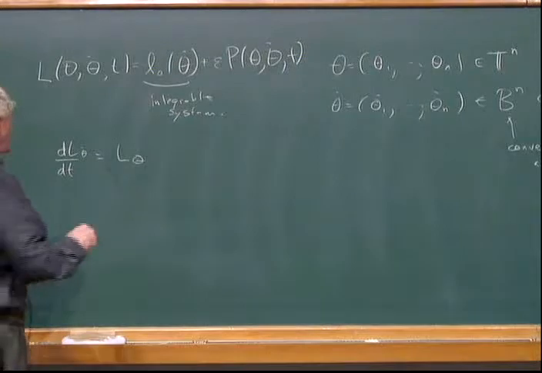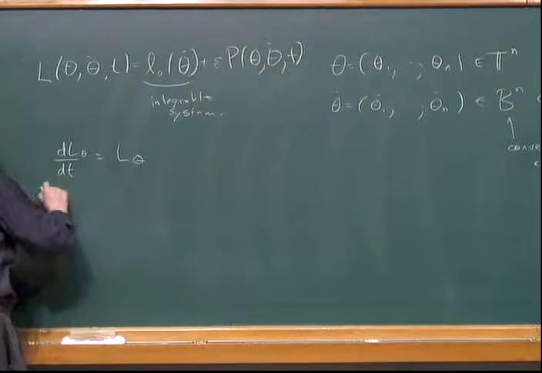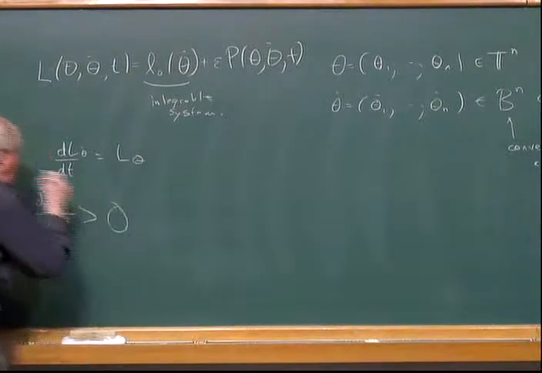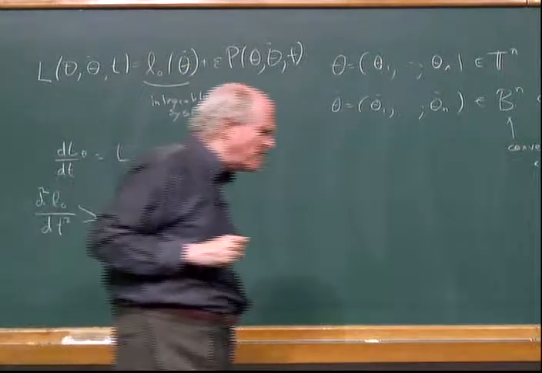And in fact, I want to suppose that the Hessian matrix of second derivatives of L0 is positive, that is, positive definite.